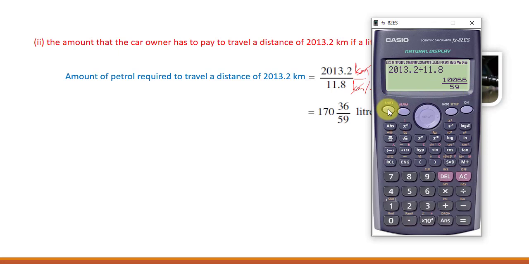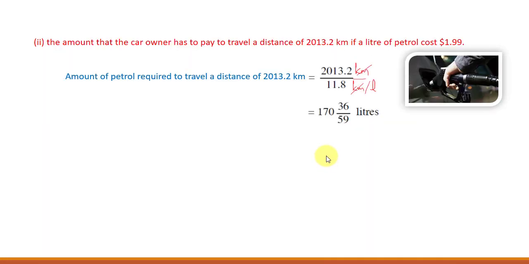Now I press the shift button and then the S-D button. The answer will be 170 whole 36 upon 59. So that's how we have this value over here.